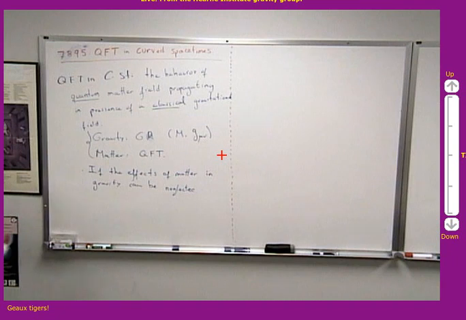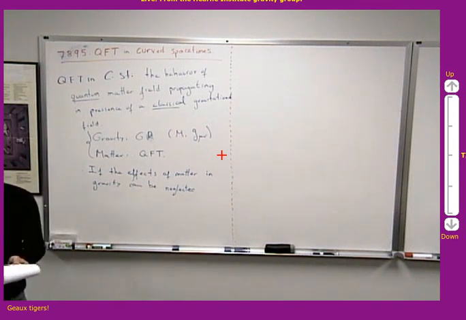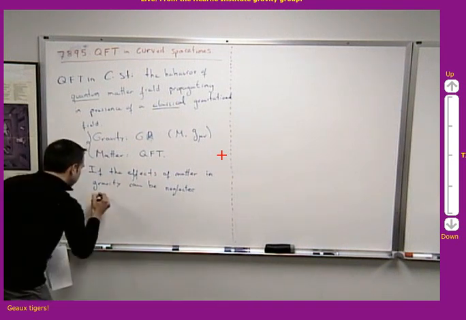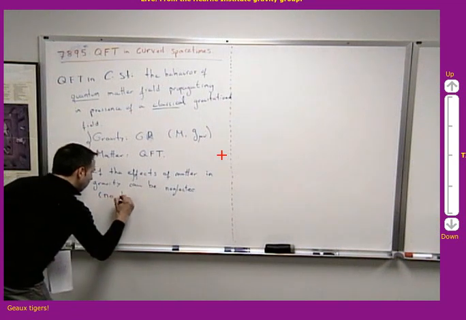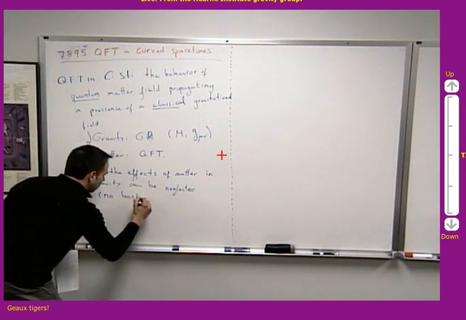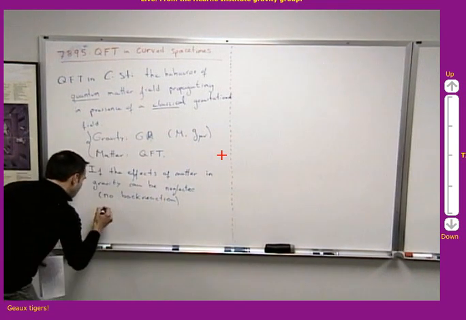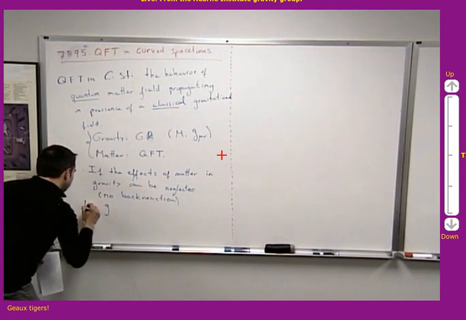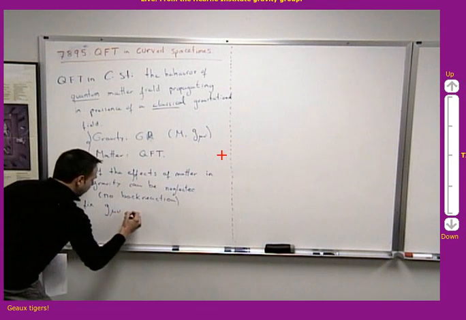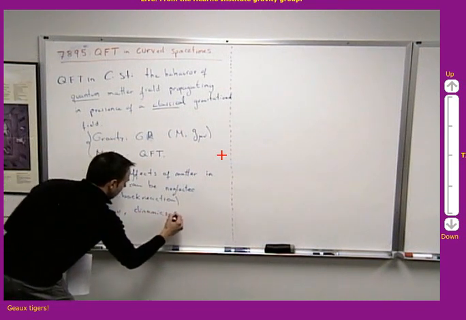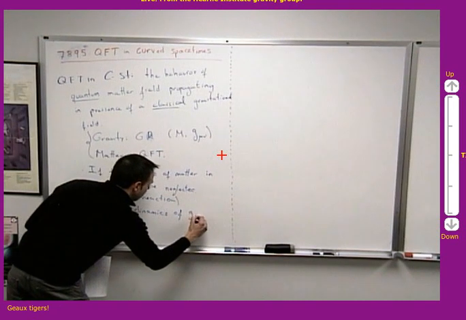But there are some circumstances in which the matter fields that we study modify the gravity in a negligible amount. So we can neglect those effects. If that happens, we will say that there is no back reaction. Then we will work with a fixed metric, and the dynamics of the metric will be unimportant.